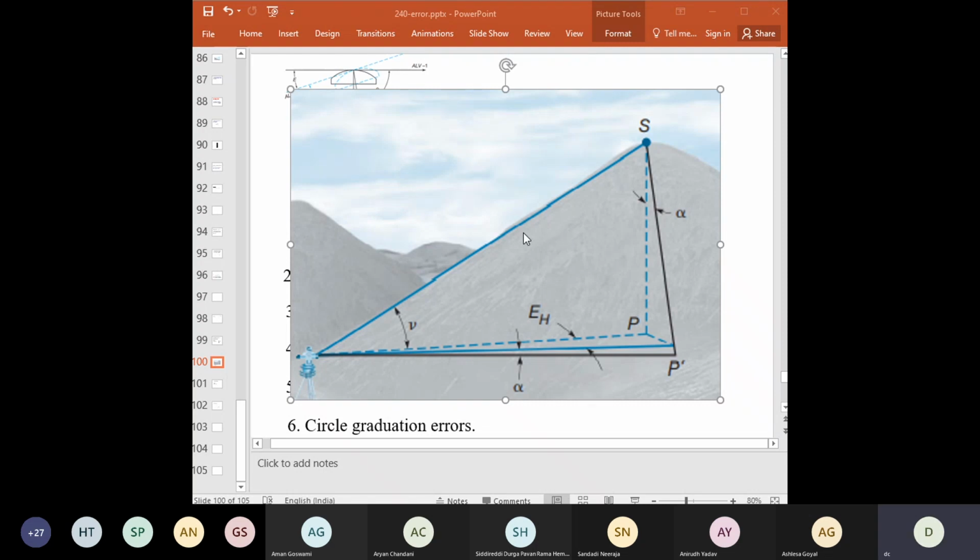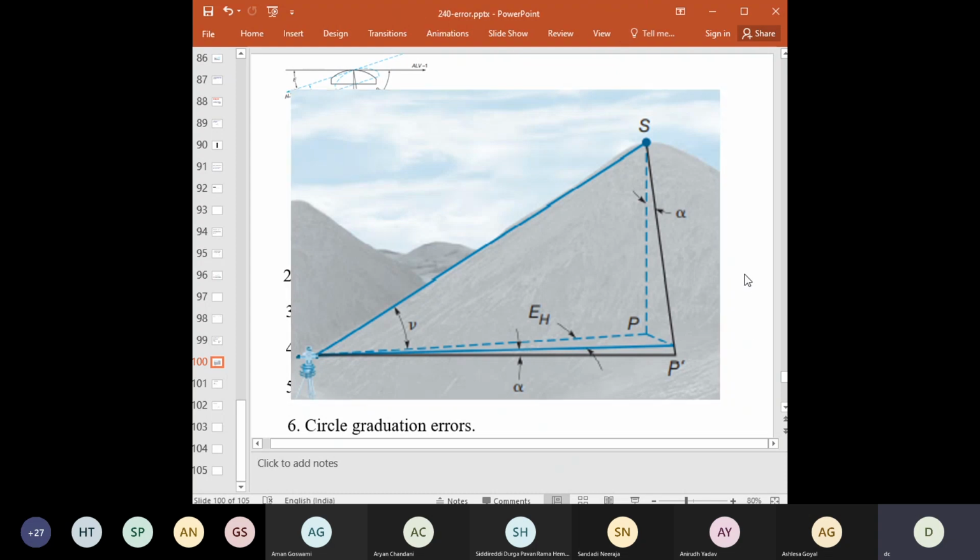Is it clear? Are the parameters getting captured by each one of you? So this is the instrument station. This is where the telescope is being sighted. Instead of being projected to SP, it's getting SP dash, and the angle between the projected line SP and SP dash is captured as alpha, which creates an error in the horizontal angle of EH.